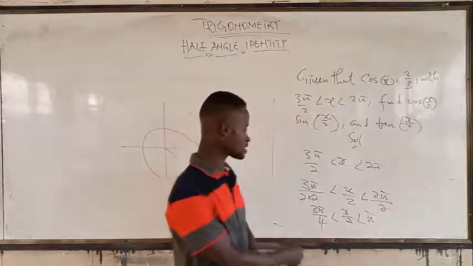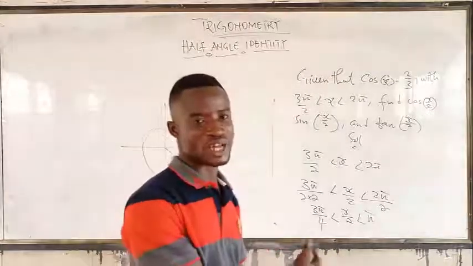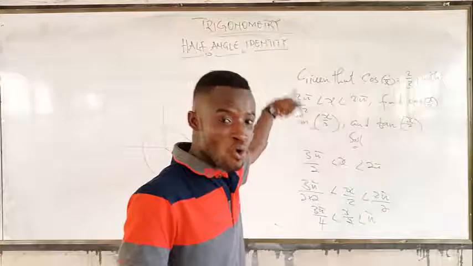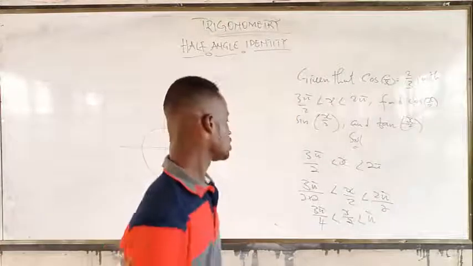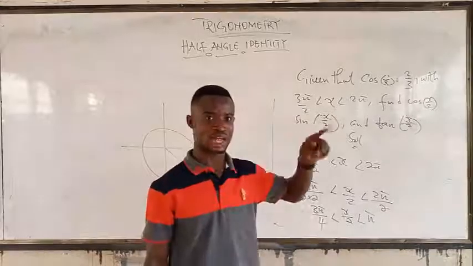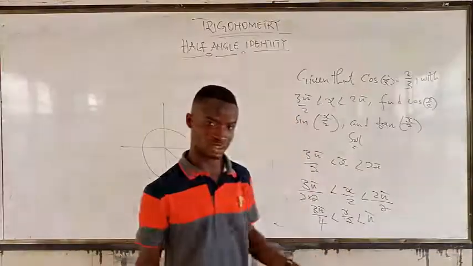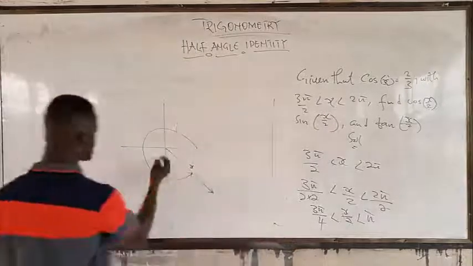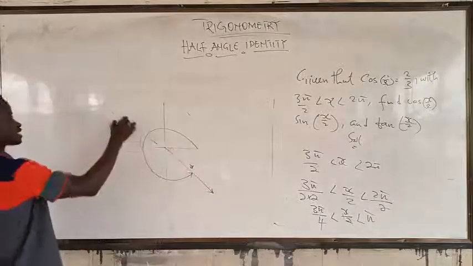So this means that the angle X over 2, that is the half angle of X, terminates in the second quadrant. Hope you can see that. This is 180, and if you don't notice, just multiply to compare to degrees, and you see what it is. Very good. So you can see that it terminates in the second quadrant.